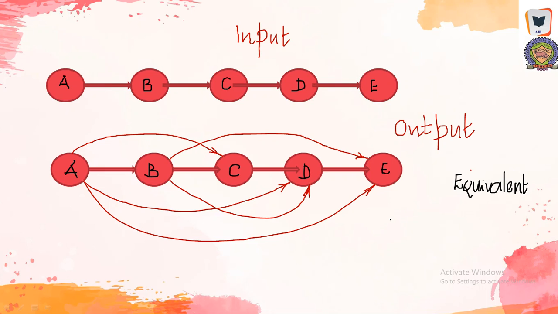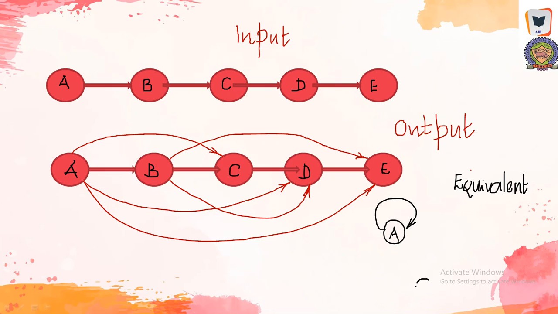It is something like this. With respect to the graph, if a node A is connected to itself by means of a self loop, something like this, then it enjoys the property of reflexivity.